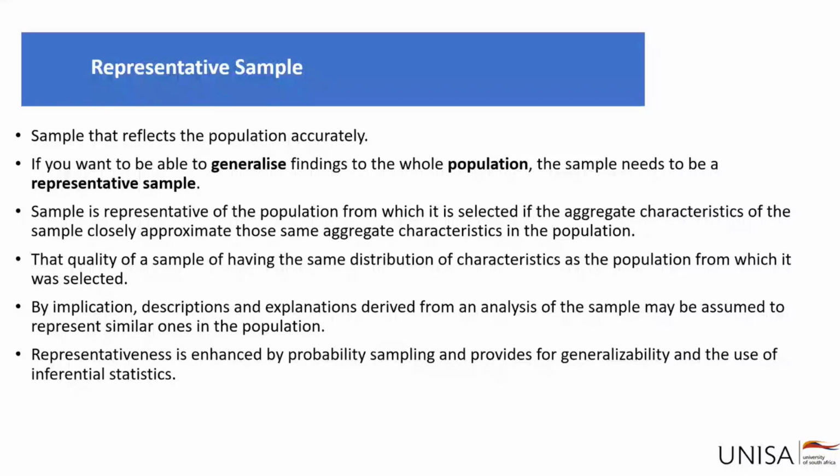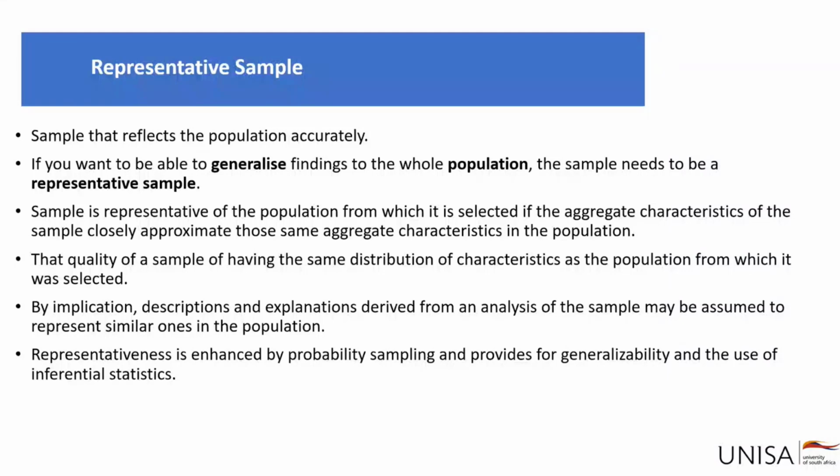So a sample is representative of the population from which it is selected if the aggregate characteristics of the sample closely approximate those same aggregate characteristics in the population. That quality of a sample of having the same distribution of characteristics as the population from which it was selected gives you a representative sample.